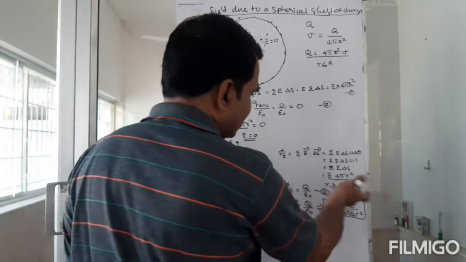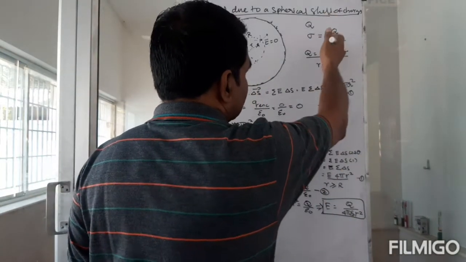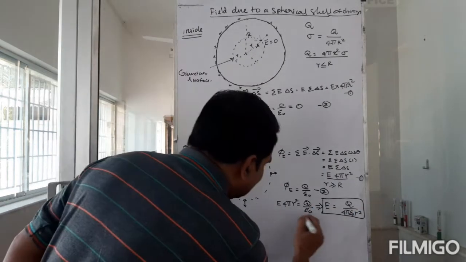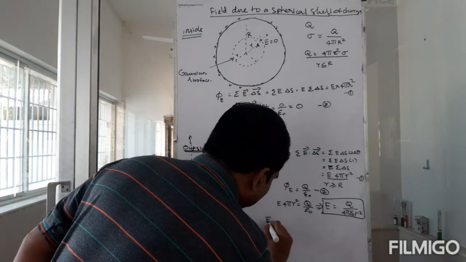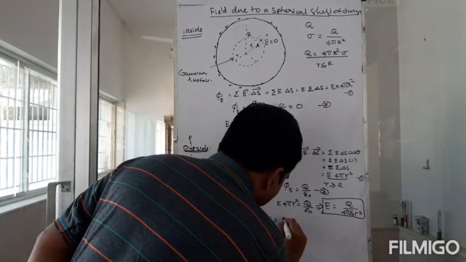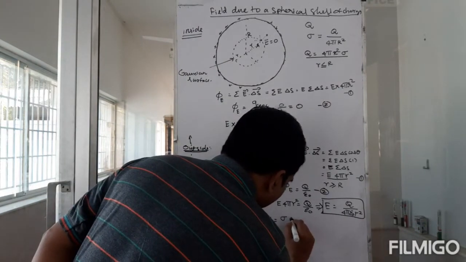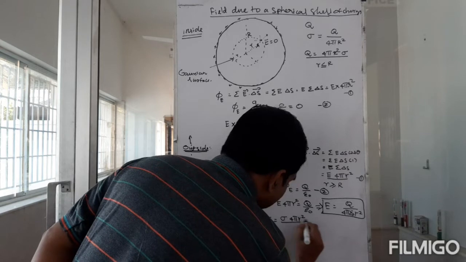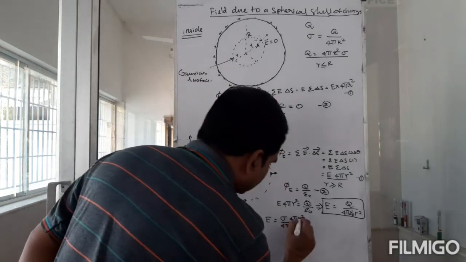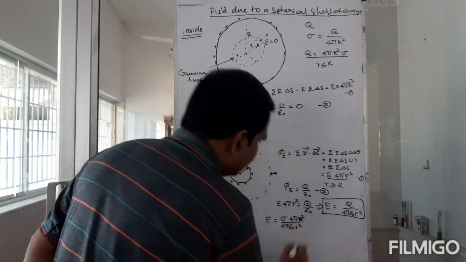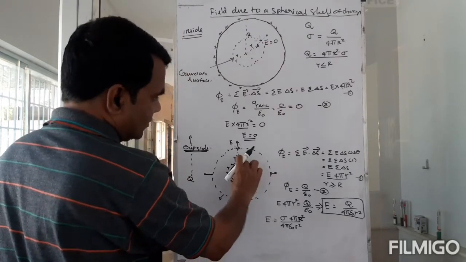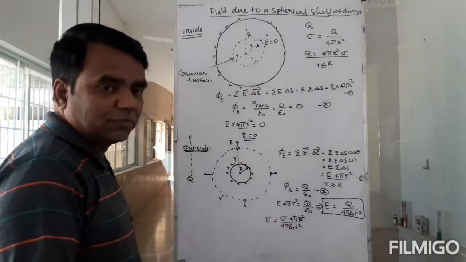Or I can even take this idea of Q and reduce this further. Q can be written as sigma into 4 pi R squared, so divided by 4 pi epsilon naught r squared.